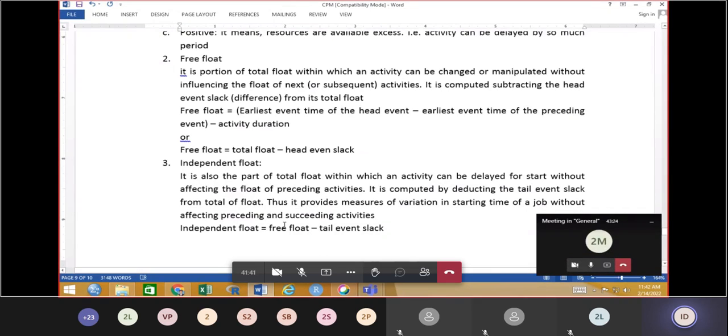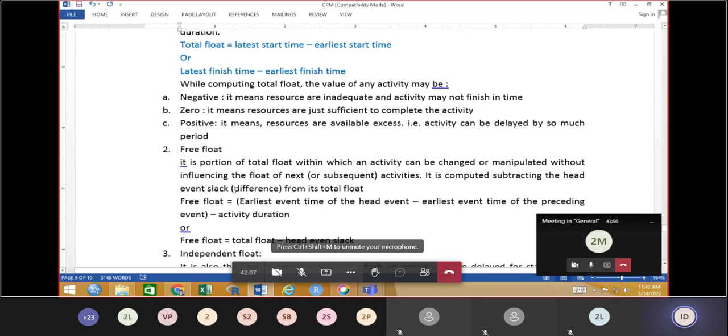It is computed by deducting the tail event slack from the total float. Thus, it provides a measure of variation in starting a job. Again, a float means the idle time, due to the resources. And how is it calculated? Free float minus tail event slack.